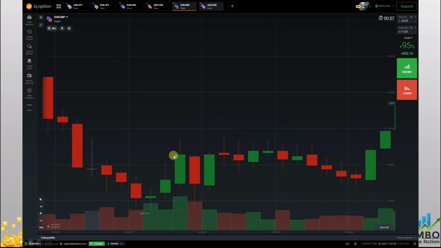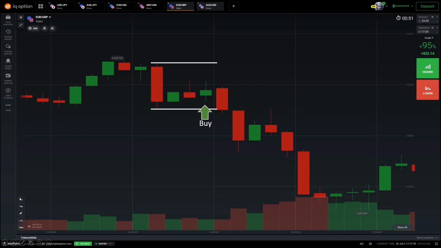So these are the setups which we are using for the buy and sell of the WRB system. I hope you understand this strategy well. So practice on the demo account, and when you get good results, then you can move to the real account.